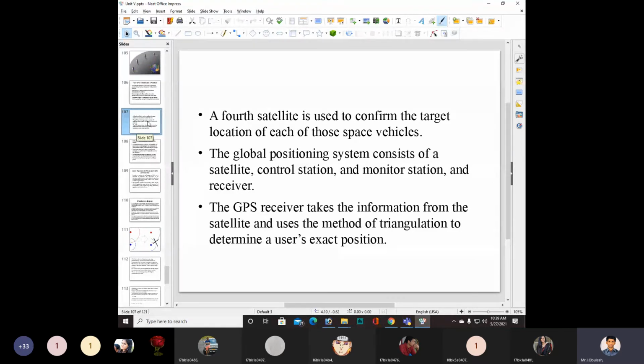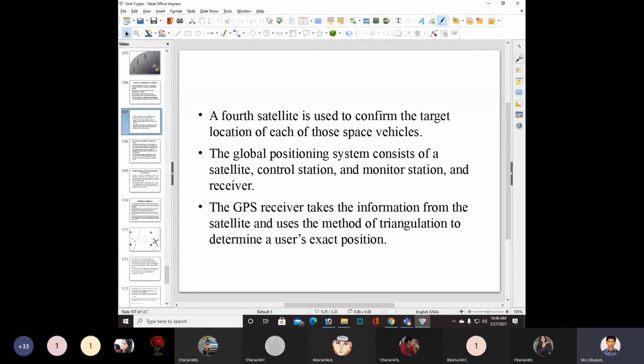The global positioning system, GPS, consists of a satellite, control station, monitor station and receiver.